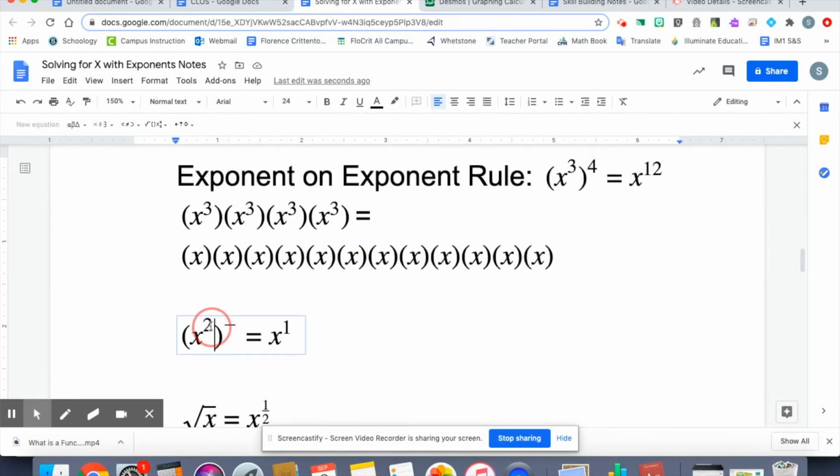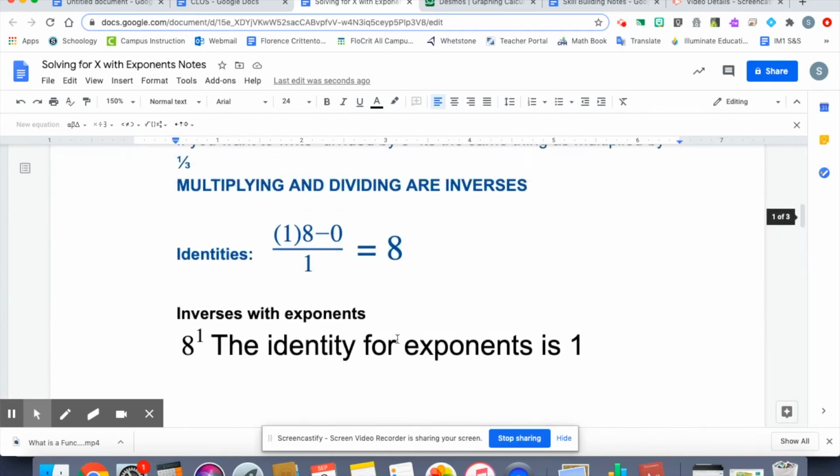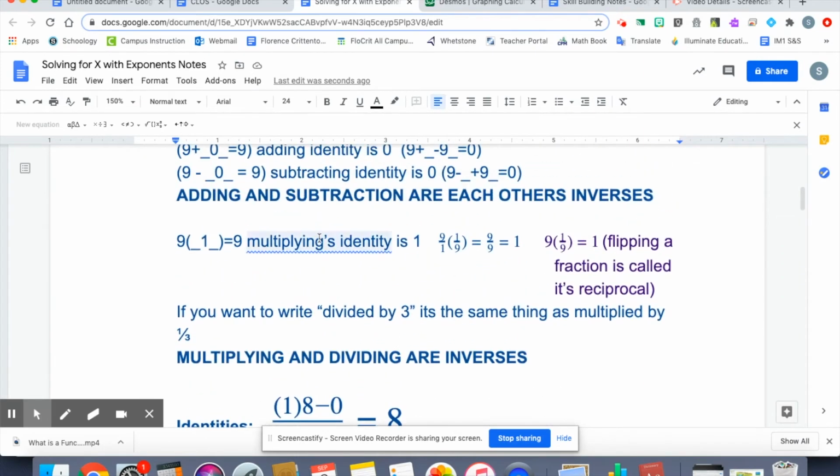So 2 times something needs to equal 1. Let's see what that is. Well, if you remember up here, it's not that it's 2 times something, it's that it's 2 divided by 2, but we write divided by 2 as multiplied by 1/2.